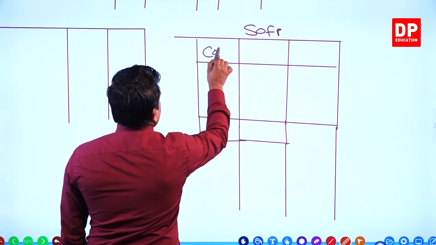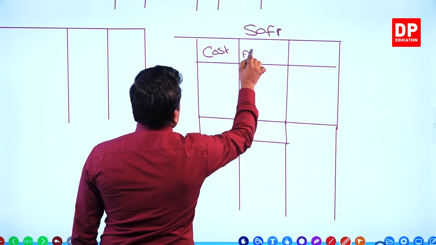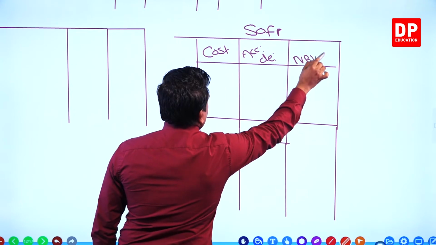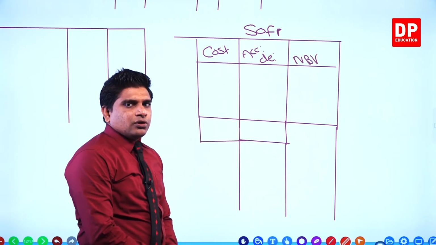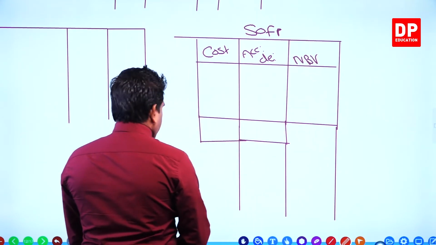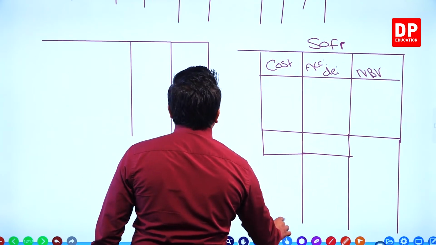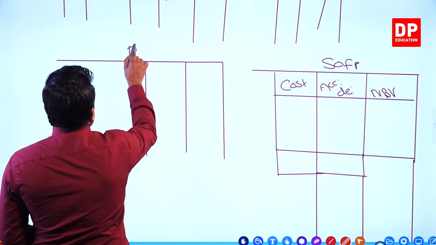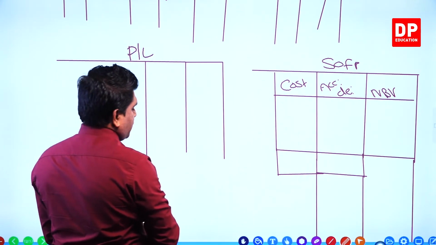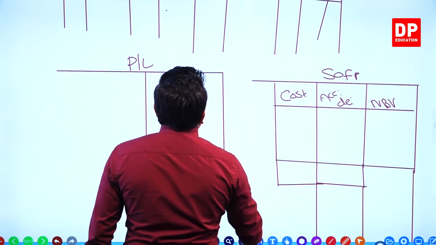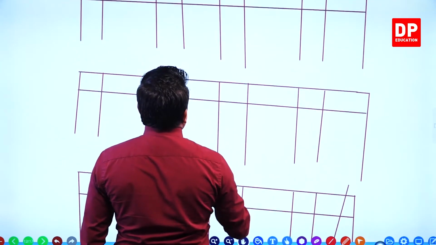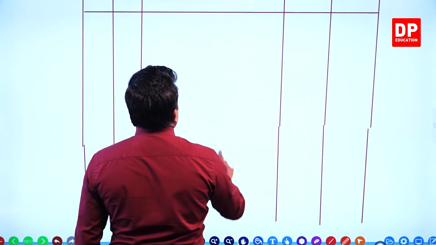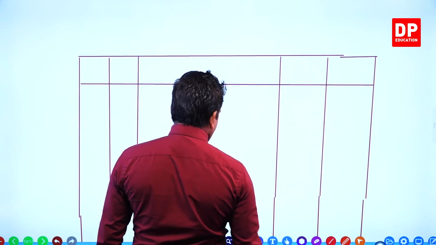Cost, accumulated depreciation, net book value. The other one, profit and loss statement, right? Here I draw the ledger accounts, but I don't expect to name the headings of each account.